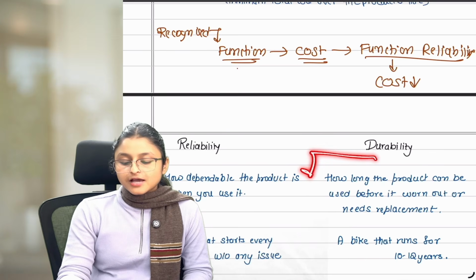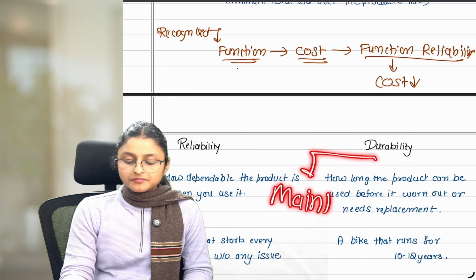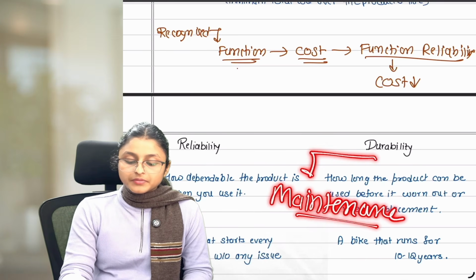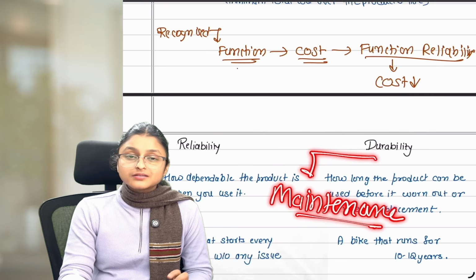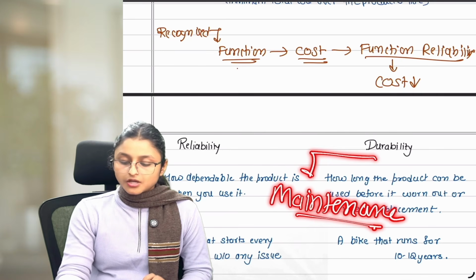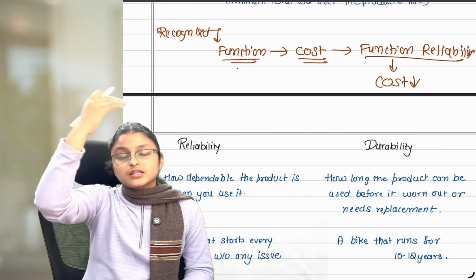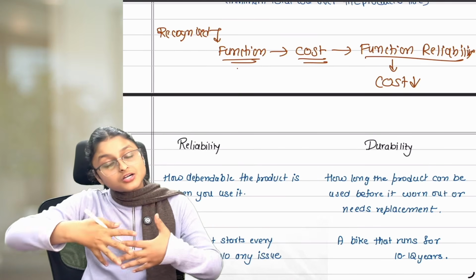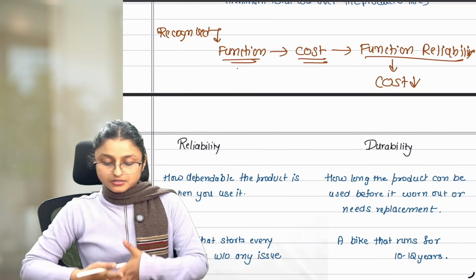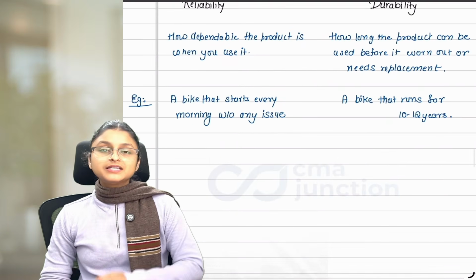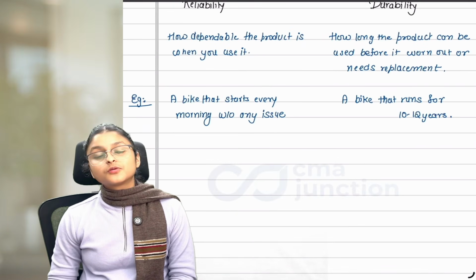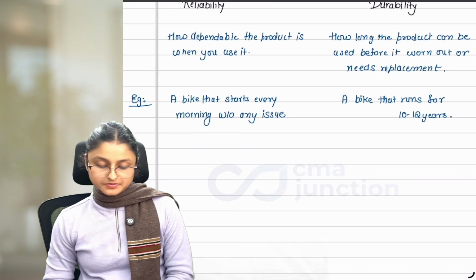But it can have maintenance, right? If in between my product requires maintenance, that does not mean that the life of the product is reduced. With the help of maintenance, if you are able to increase the life of the product, good enough. That will also be considered as part of the life of the product. Done. So durability is about how much time your product can work without needing any replacement.